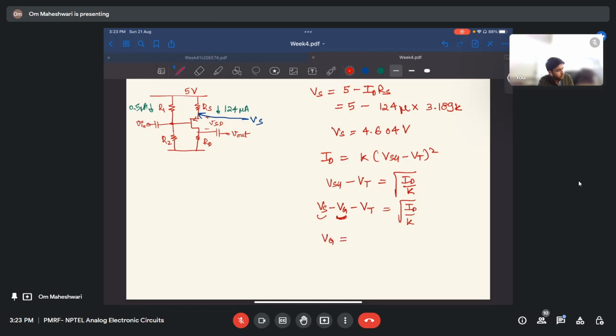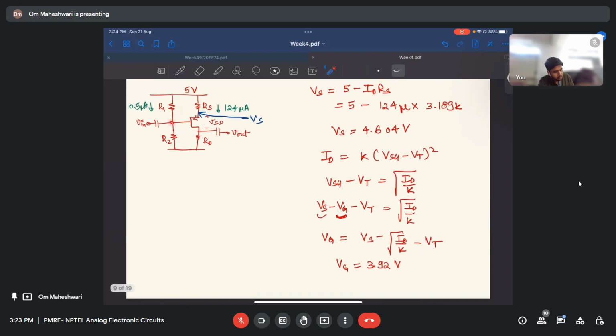So Vg will be Vs minus square root of ID by K minus Vt. So we will get Vg as 3.92 volts. So we have found the DC voltage here.